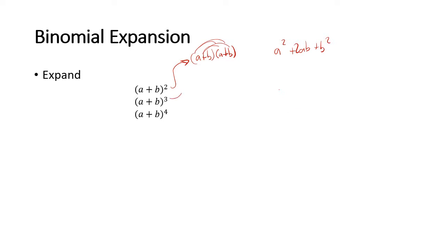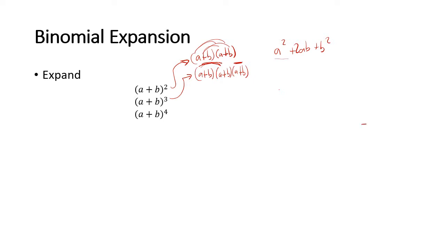All right, if you do a plus b quantity cubed, a plus b times a plus b times a plus b, well, same thing. The way you would probably do this is to take these two and multiply them together, and then once you have that, multiply that new quadratic.